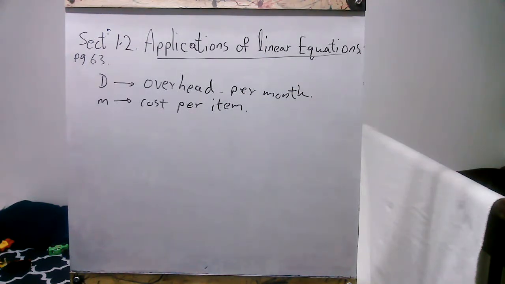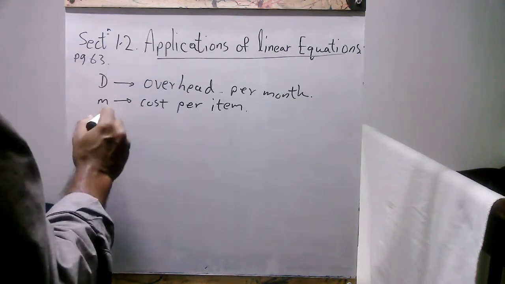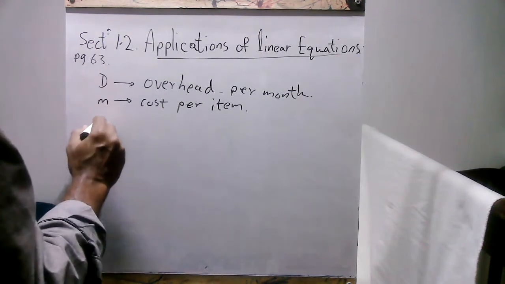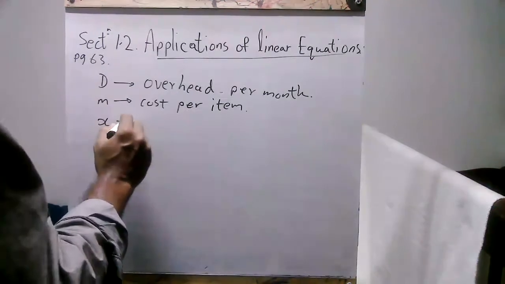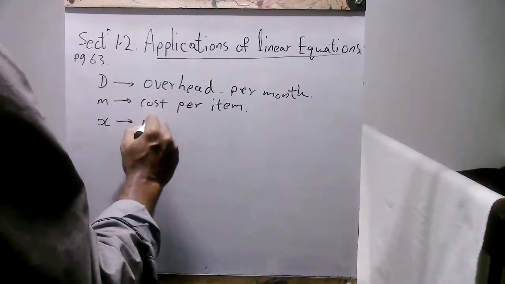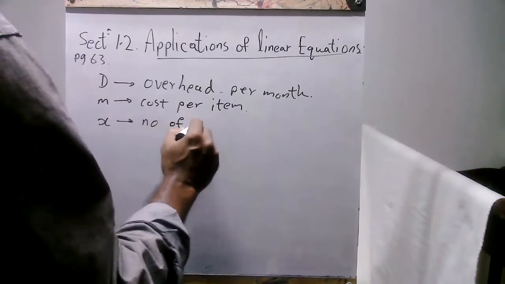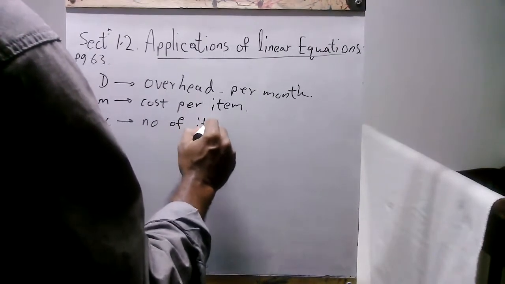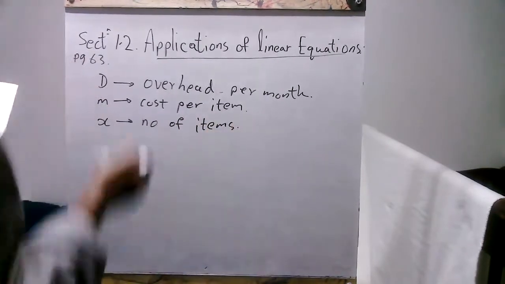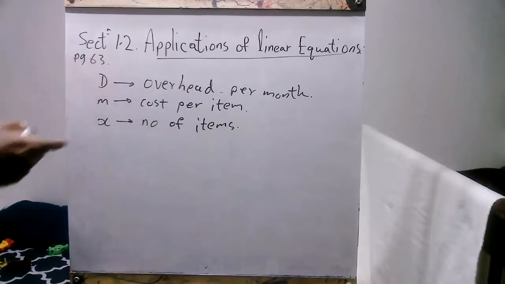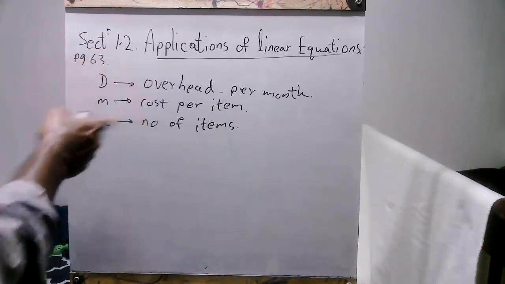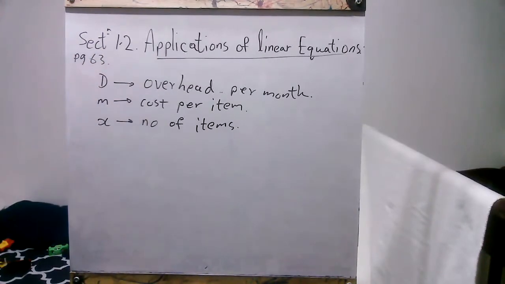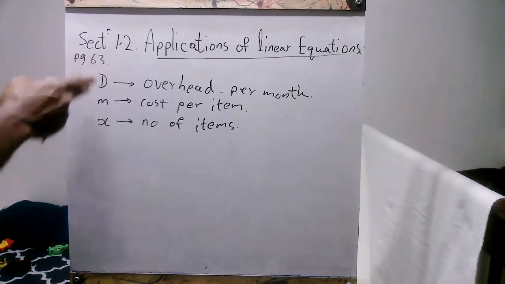What else? The assembling line produces X items per month. X is the number of items. We give a letter to each thing, so we can make a formula using these letters.